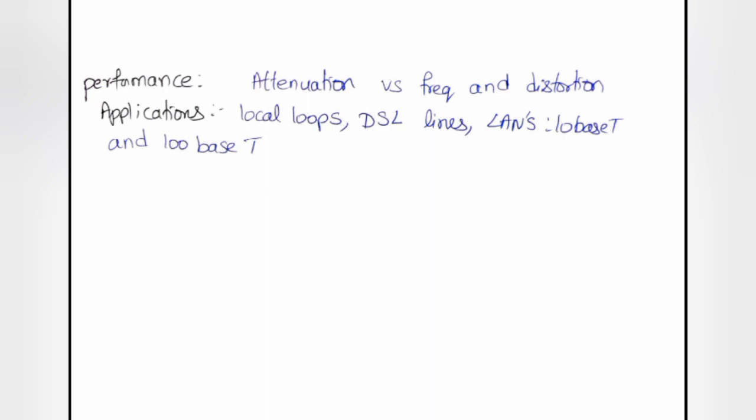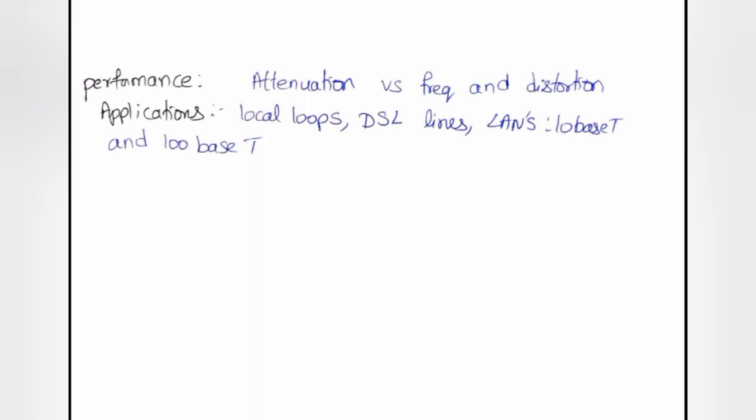After traveling some distance, the signal will become weak. And baseband means the signal will travel in only one direction.